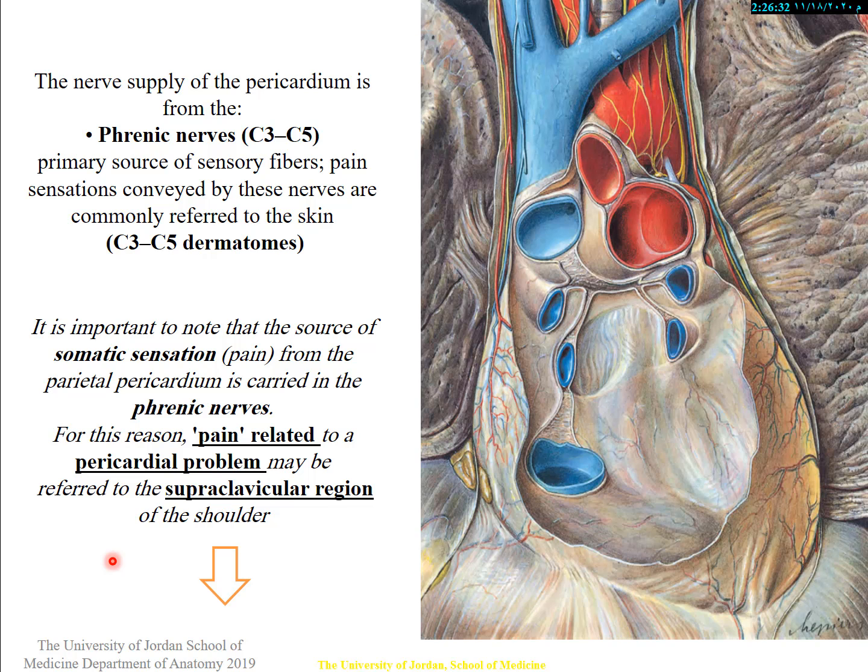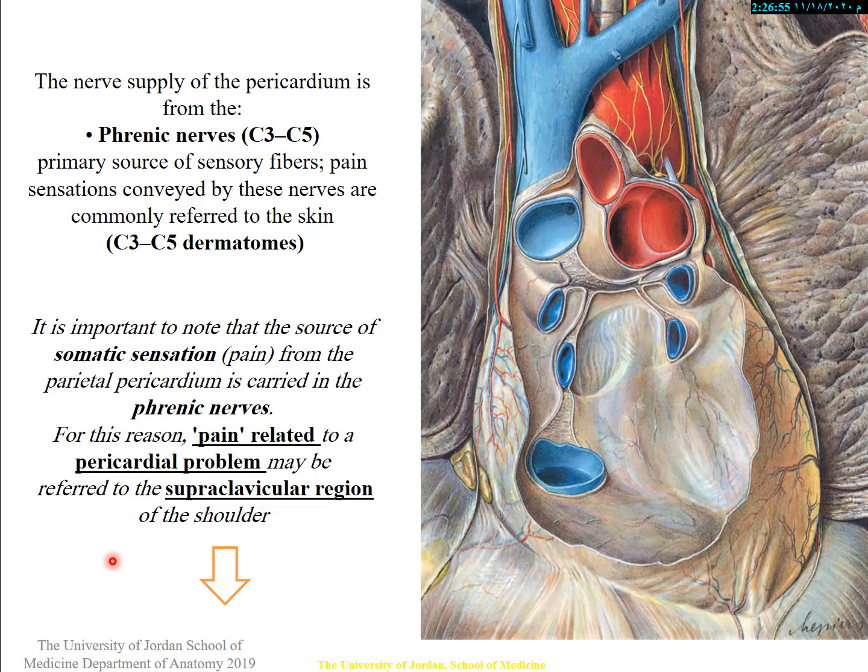And in each system you would see different representations of these layers. For example, the pericardium here has two sacs, the fibrous and the visceral. The pleura as well has a parietal and a visceral.